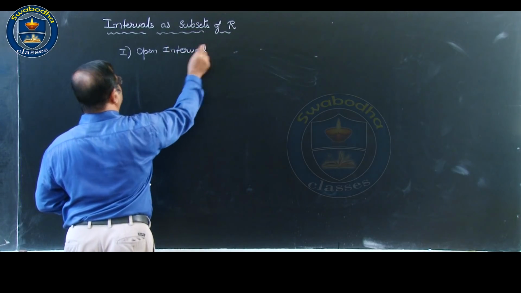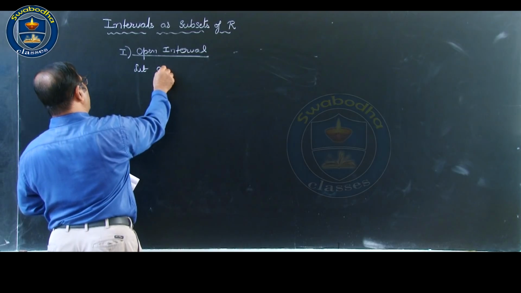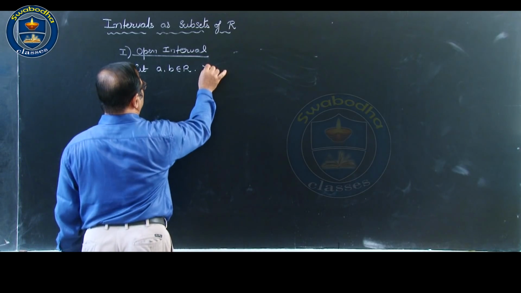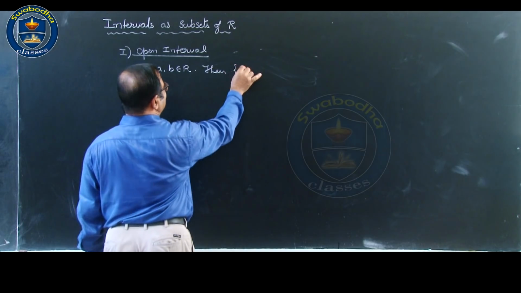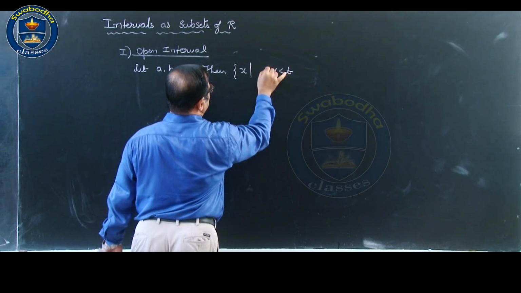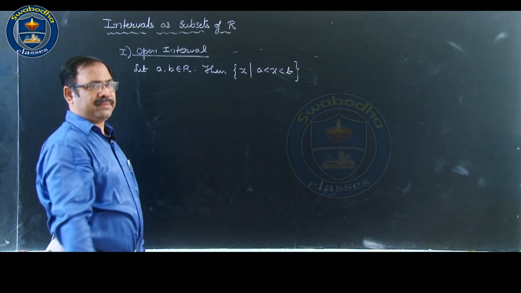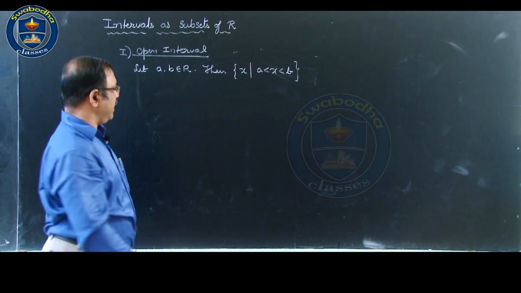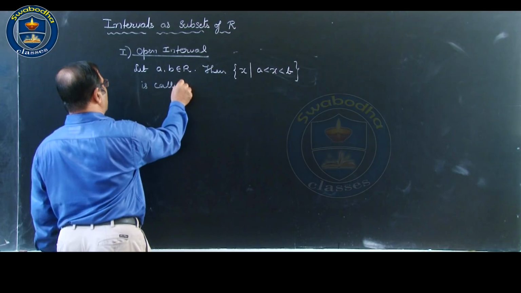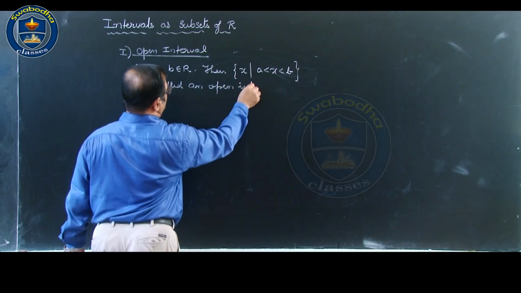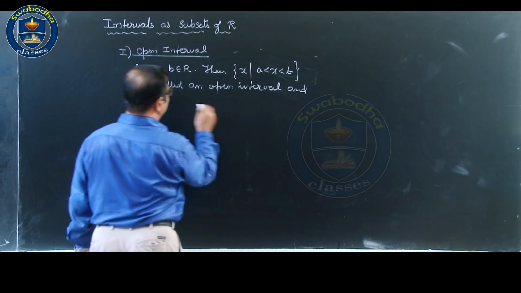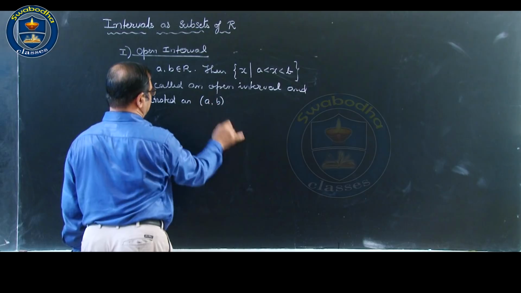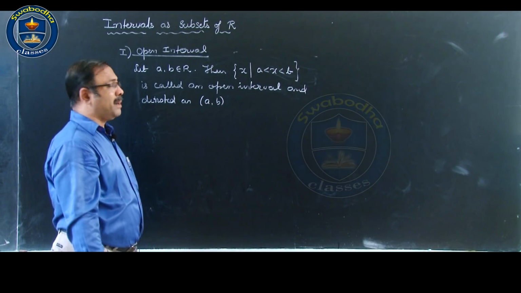Let a, b belong to R. So, take two real numbers, then the set of all x such that x is strictly less than b and strictly greater than a is called an open interval, and is denoted as (a, b). So, this is the open interval (a, b).